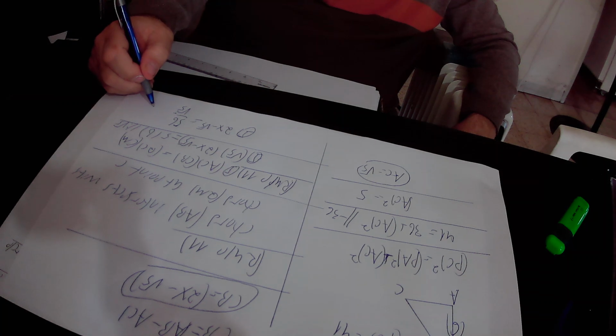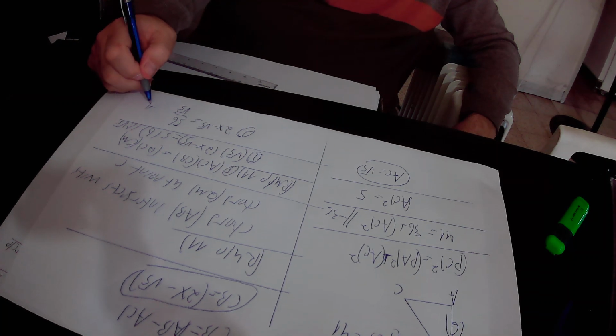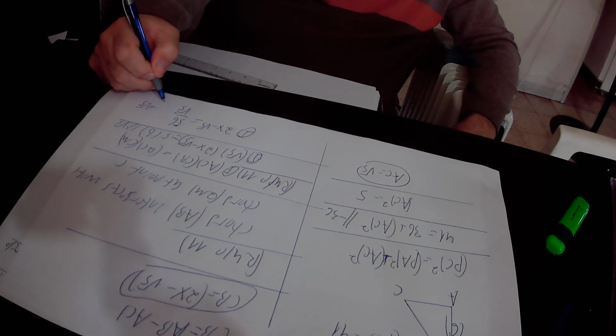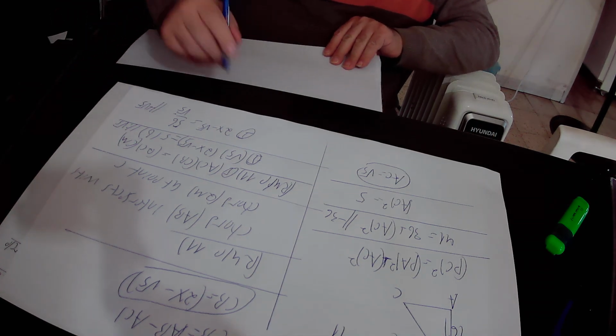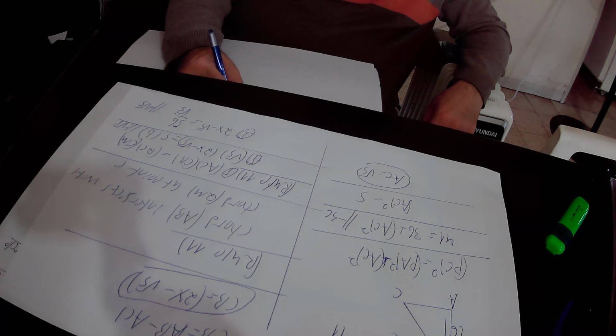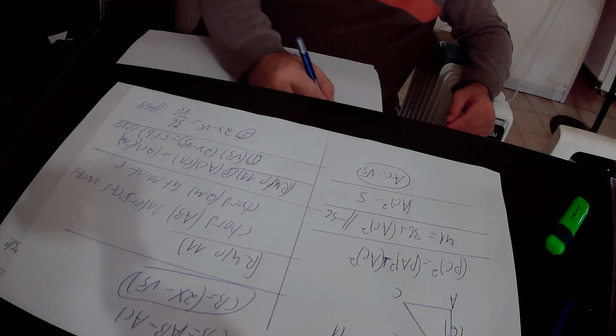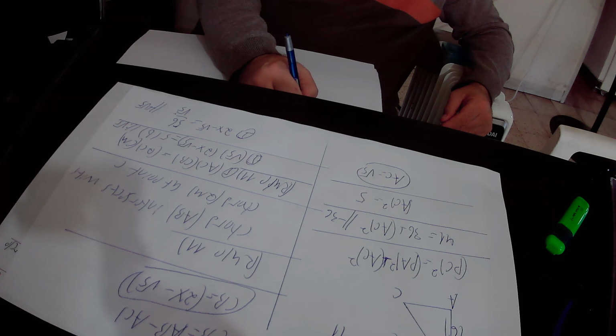Here we will add square root of 5 to equation number 1, and we get that 2x equals 5b over square root of 5 plus square root of 5.